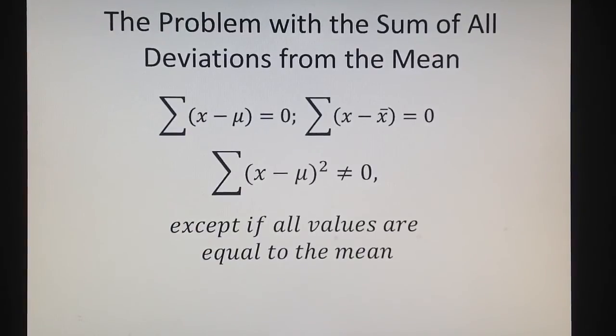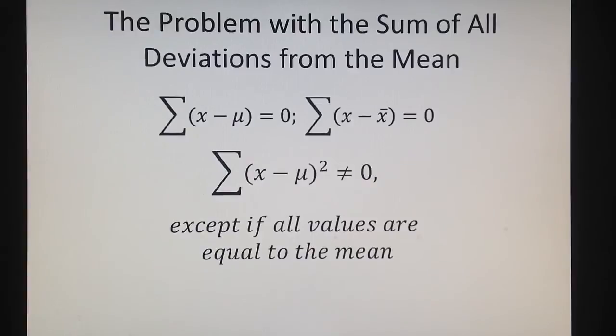Actually, one way to get rid of the zero-sum problem is to square all deviations from the mean first and then to add them. When you square a negative value, the square is positive, and that way we eliminate the cancelling of positive and negative deviations, whose sum is always 0.